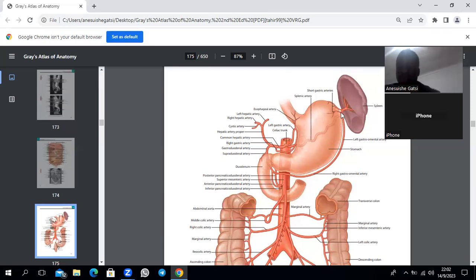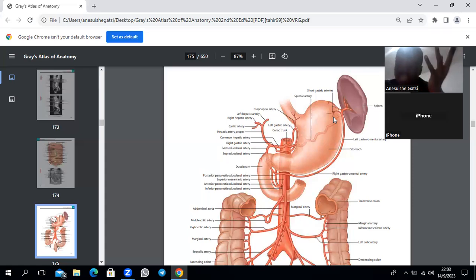Then it gives branches for the stomach. The branches for the stomach include the 5 to 6 short gastric arteries, and it also gives the left gastro-omental artery, which I called left gastroepiploic.